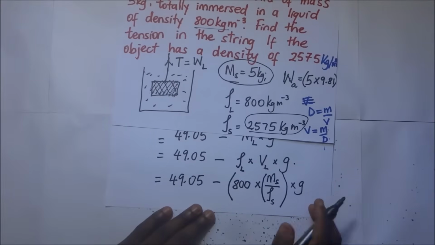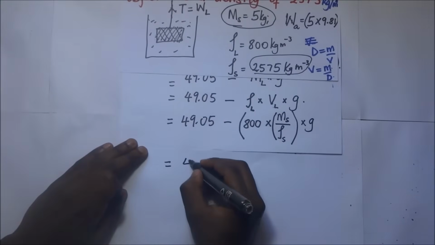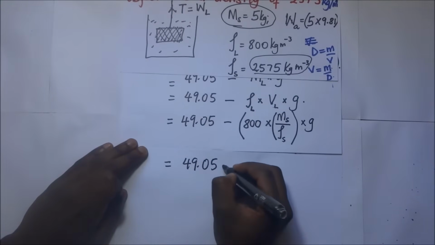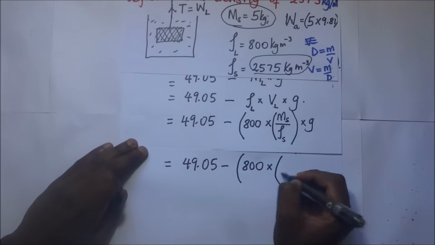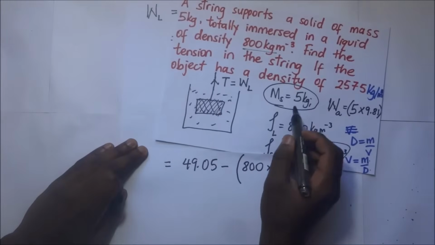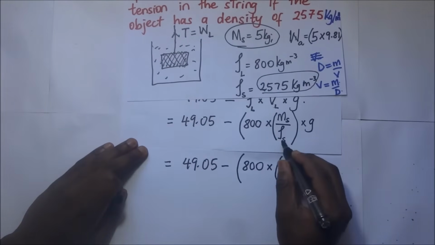So we continue with our calculation. So this is going to become 49.05 minus 800, multiplied by the mass of the solid. Of course, the mass of the solid is 5 kilograms, so it is times 5, divided by the density.